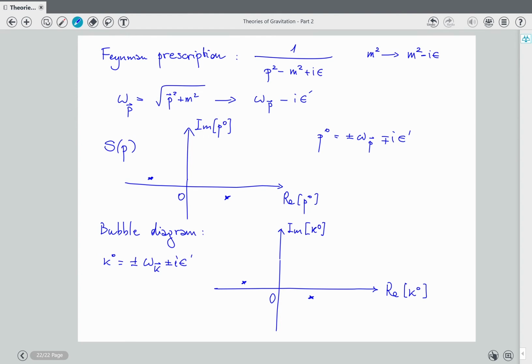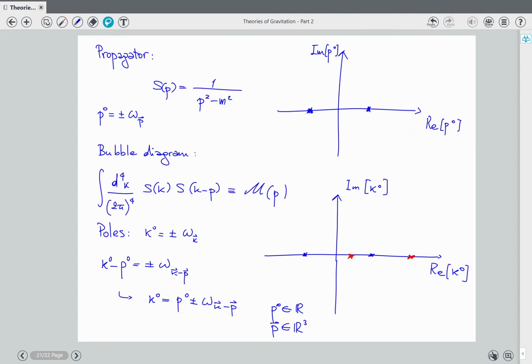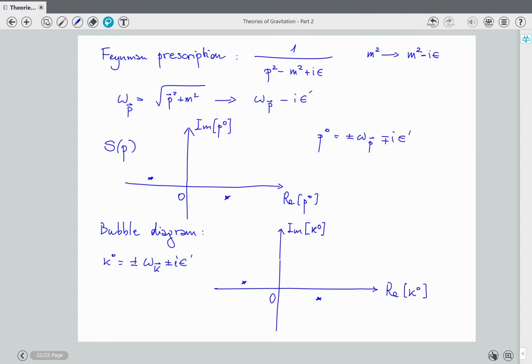And the other pole was k0 equal P0 plus or minus omega of k minus P, or minus plus here, minus plus I epsilon second.